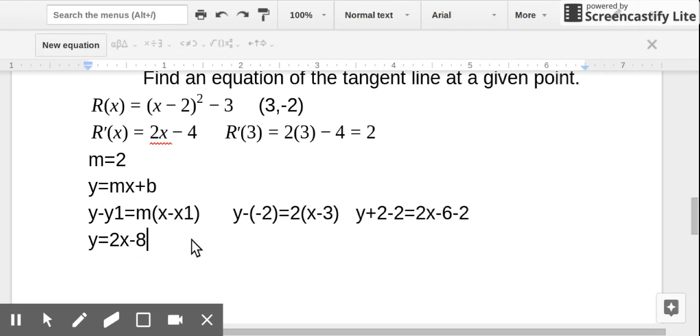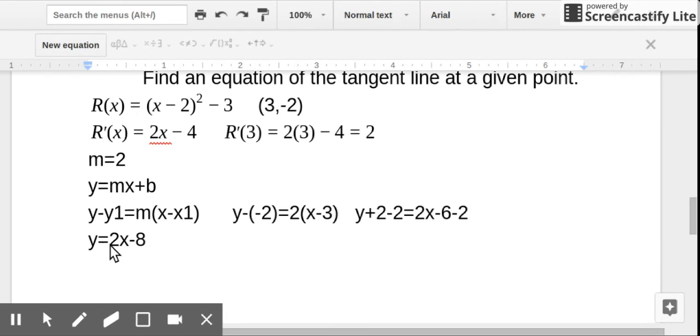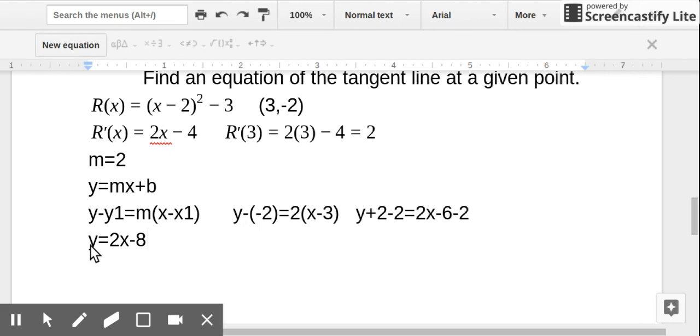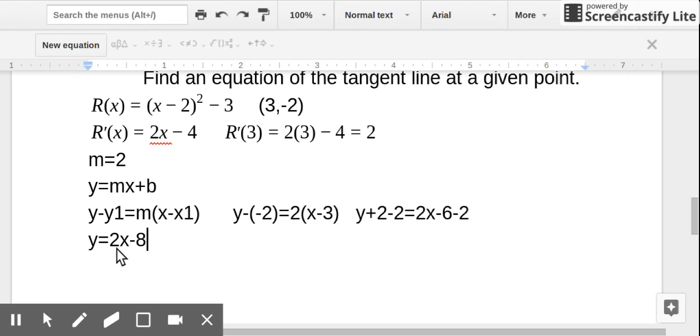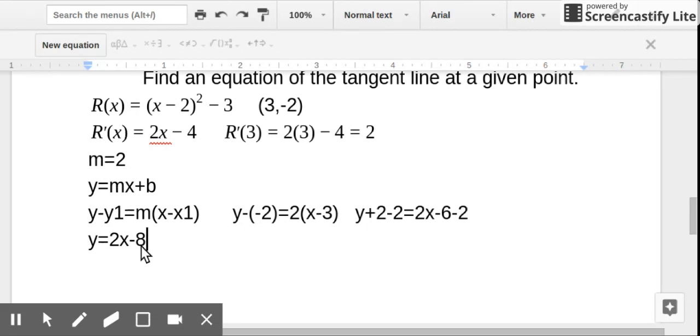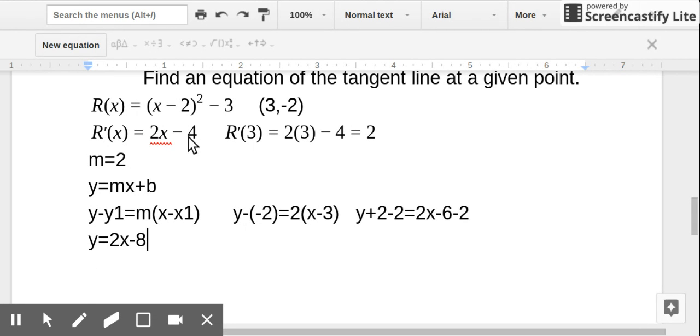Now, you should be able to take this x value and plug it in here, and your y better be negative 3. Remember, this is a point on the graph, and that tangent line is passing through that point. So they both share this point right here. If I plug in 3, I get 6, and 6 minus 9 is negative 3.